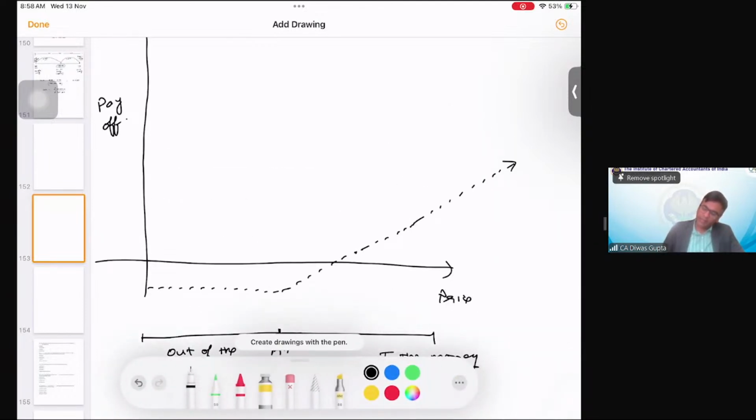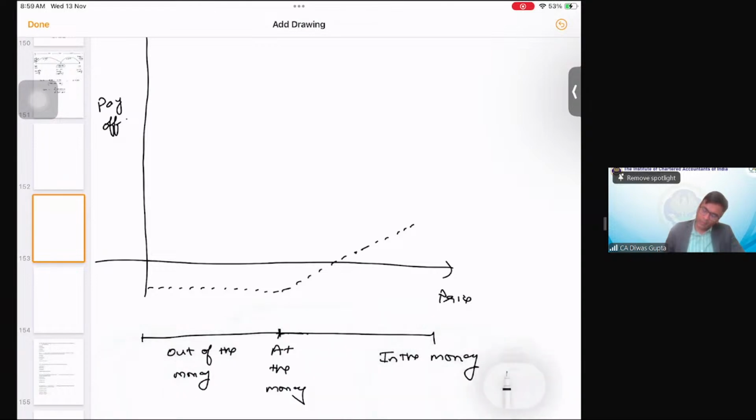One more correction, let me do it over here. The way I need to show is this. Okay, the way this chart will look like is this.